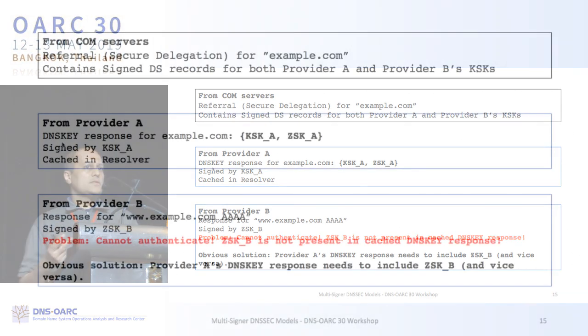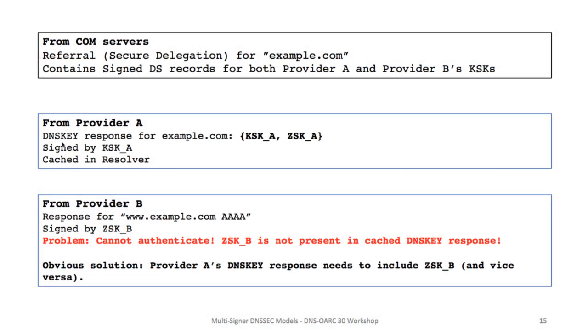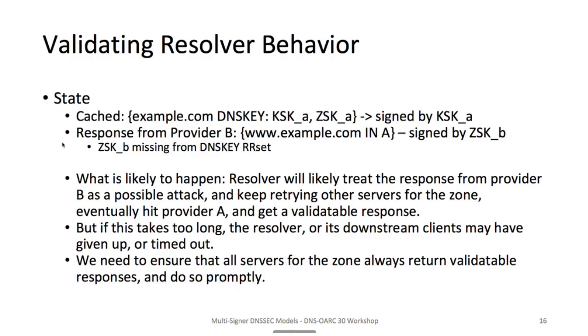That response is signed by B's ZSK, which is not present in the cached DNSKEY response that we obtained earlier from provider A. So if you just stare at this slide for a few seconds, the solution will be obvious, and that is provider A's DNSKEY response needs to include the ZSK for provider B and vice versa. And just to generalize, every provider has to import the zone signing public keys of every other provider.